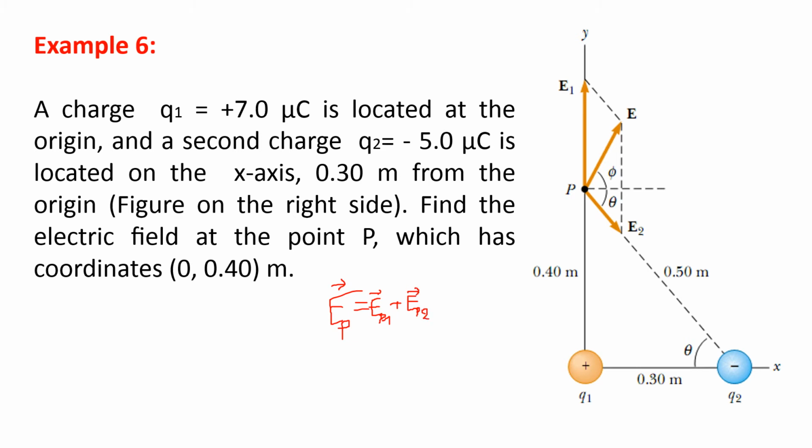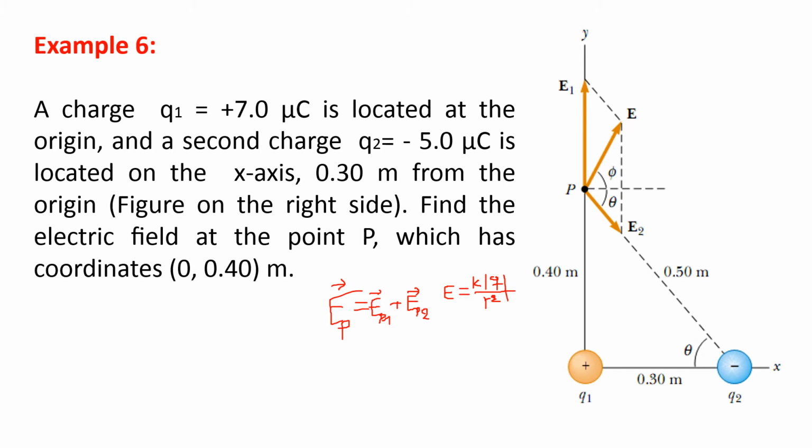To calculate the electric field, we need K, the Coulomb constant, times the magnitude of the charge. The charges are given: charge Q1 is 7 microcoulombs, charge Q2 is minus 5 microcoulombs, divided by the square of the distance. The separation between each charge and the point P is given. So we first orient these electric fields.